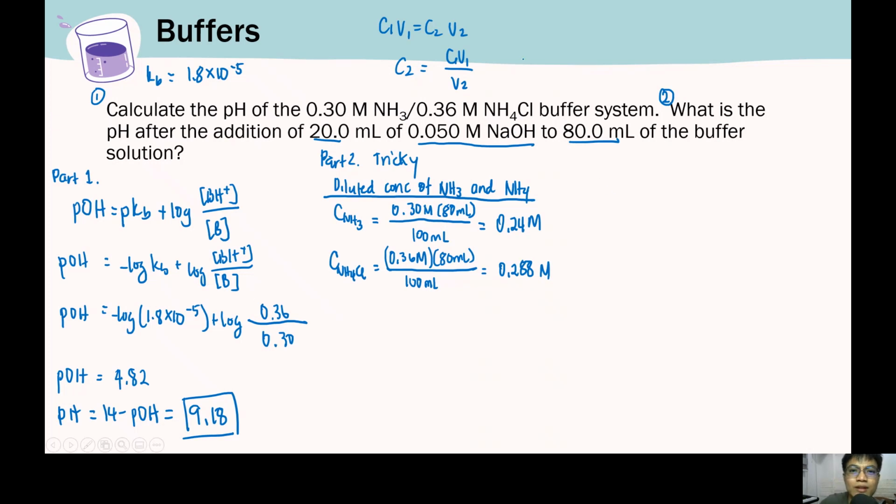So, gagawin din natin siya kay sodium hydroxide. Okay? So, diluted concentration of sodium hydroxide.